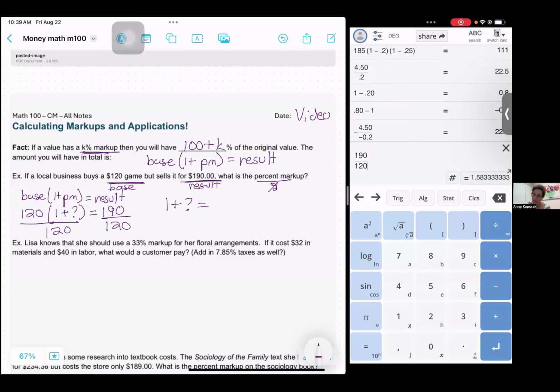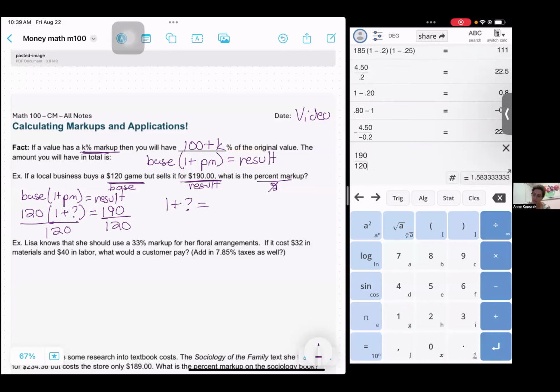It's so good. Okay, now we're going to subtract 1 on both sides, and I find out that question mark is, let's see if I can do 19 divided by 12, and then over arrow minus 1, and then we get either 0.583 repeating, or again, you can change it to a fraction.